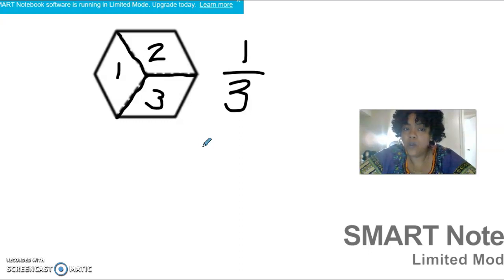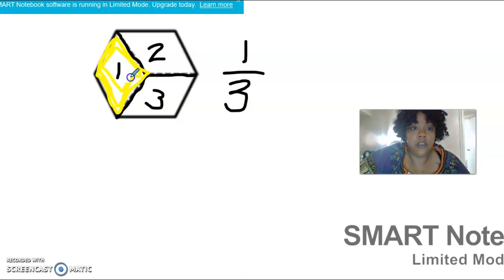Does anyone know what the name of this shape is? In fact, to make it even clearer, I'm going to shade in one of the parts so that we are just identifying the name of this shape. Okay.